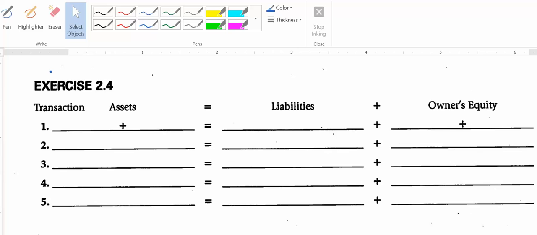Next, number 2 says has a cash balance of $13,500. We know cash is an asset. Number 3 has dental supplies of $3,650. We know supplies are an asset. Number 4 says owes $4,180 to 21st Century Furniture Supply. So that's a payable account, that's a liability. So we'll ignore that one for the moment.